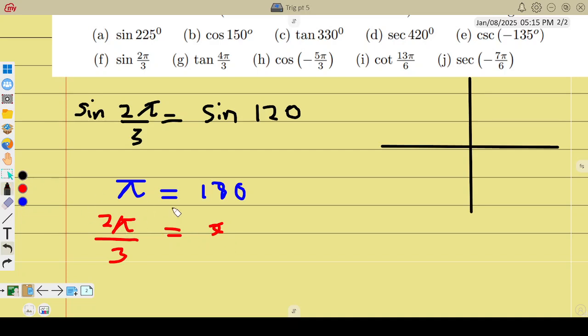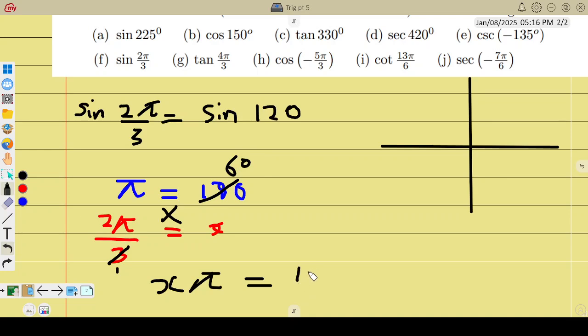So what we do is simply cross multiply now. So we can say 3 into 3, it's 1. And then 3 into 180, it is 60. So when we cross multiply, we say x times pi, it's x pi. So x pi will be equal to 2 pi times 60 there.